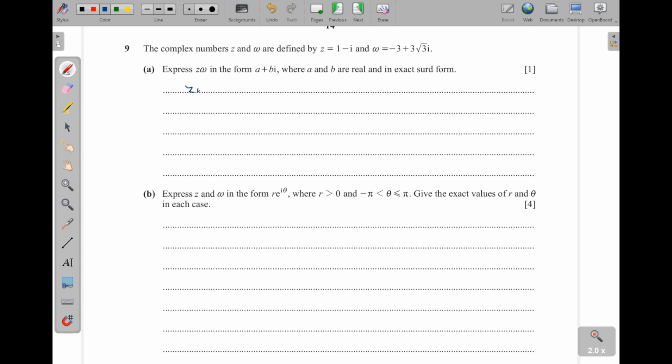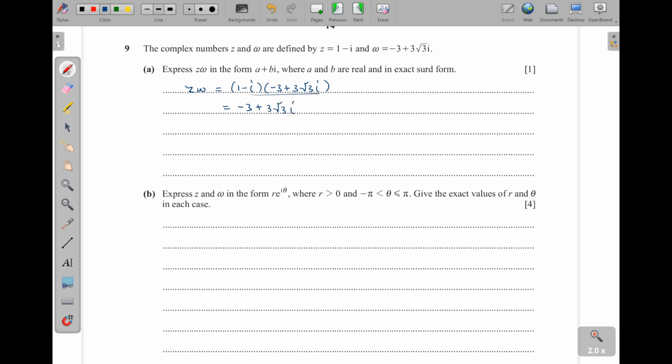So z times omega is going to be 1 minus i, then omega is negative 3 plus 3 root 3 i. Whatever is in the first bracket must multiply with whatever is here. So I will have 1 times everything here, which is negative 3 plus 3 root 3 i.